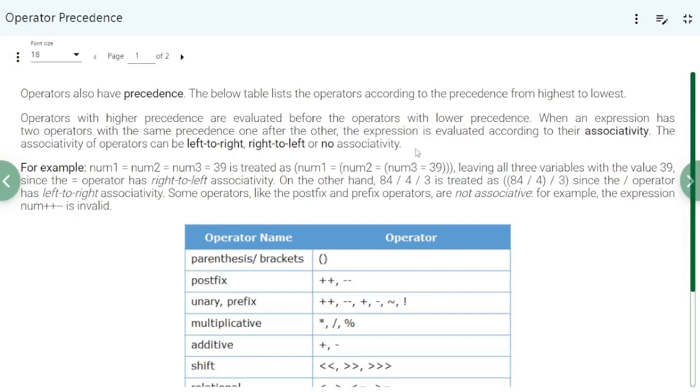So this thing is important: what about when some operators have the same precedence? Then we will evaluate them in the order of their associativity. So associativity comes in when we have the same precedence of some operators. The associativity of operators can be left to right, or right to left, or no associativity at all. So what do we mean by this?